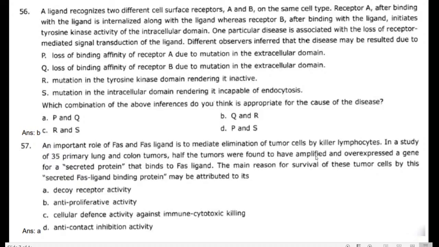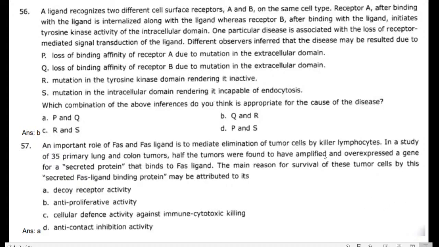The main reason for survival of these tumor cells through this ligand-binding protein may be attributed to decoy receptor activity. This concept is very well studied. The decoy receptor blocks FAS and FAS ligand from mediating the elimination of tumor cells by killer lymphocytes.